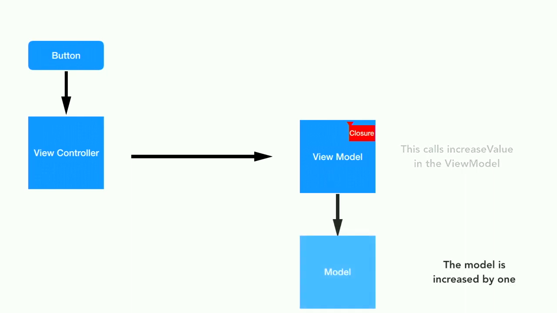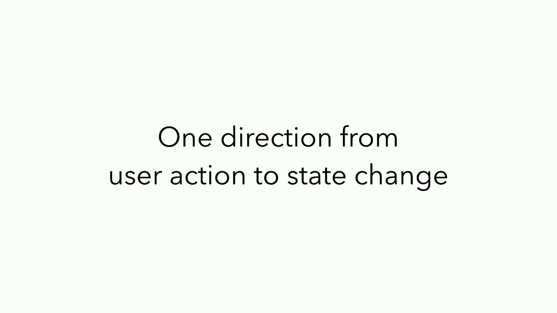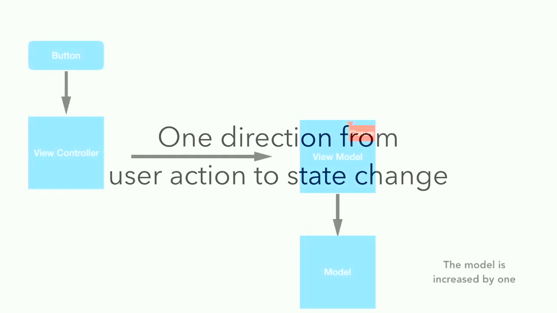I will get the model to increase its value, and now this is this one direction state change. And we had a lot of talk at WWDC saying that was something big in Swift UI, that was something big in Combine. We've been doing this for years. There's no reason we had to wait for Swift UI to do this. We can do this with UI view controllers and UI views. And so it's a one-direction user action to state change.